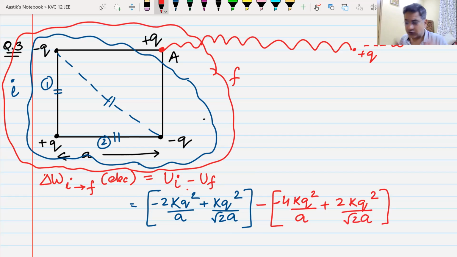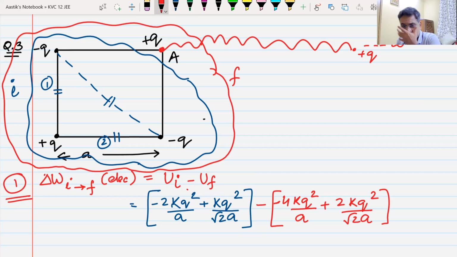You subtract these two and you get your answer. Am I clear with this concept? This is way number 1 of doing it.